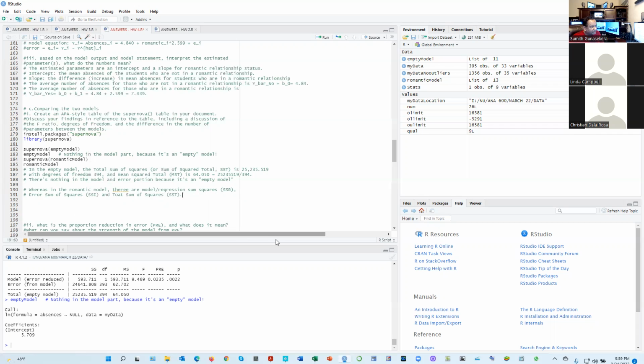If you want, you can put the numbers here: model or equation, sum of squares, SSR, error sum of squares.